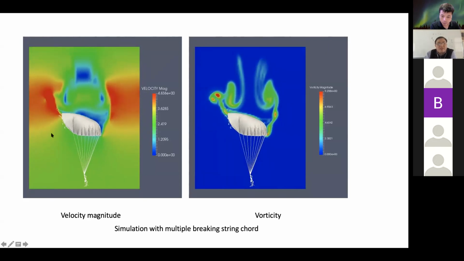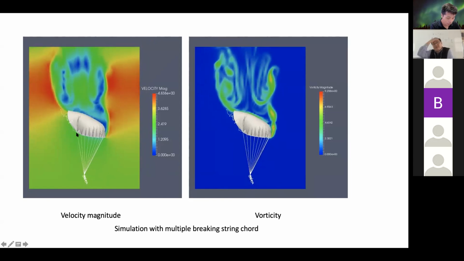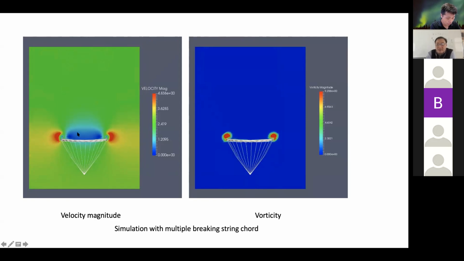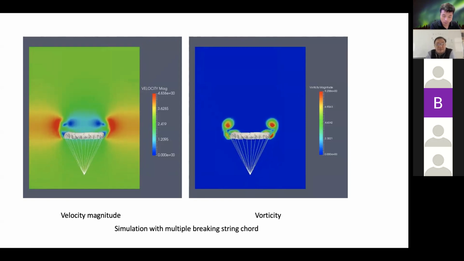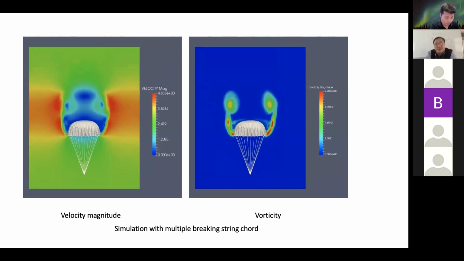They want to see if we have the capability with broken strings. I said, well, that is not very difficult. We just set a time and suddenly let the string be broken.